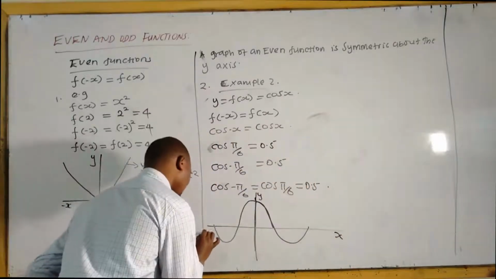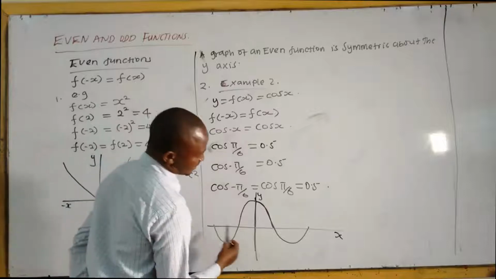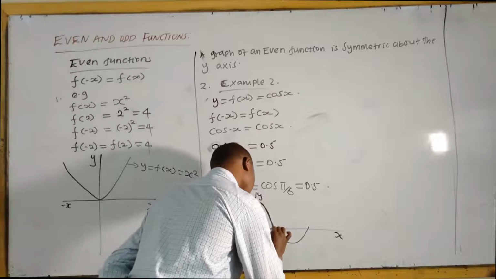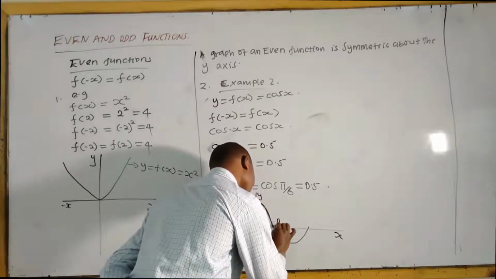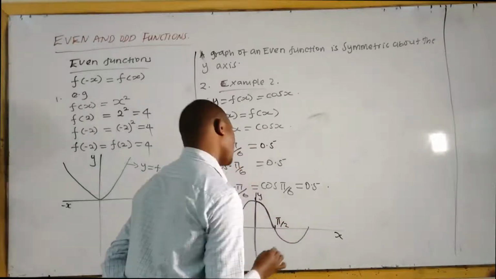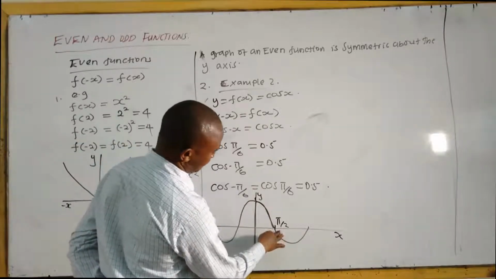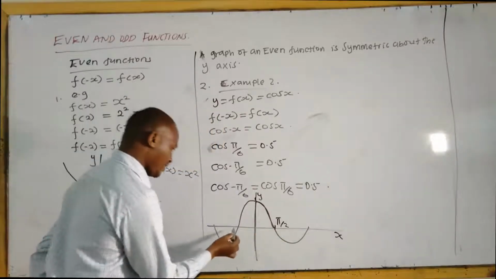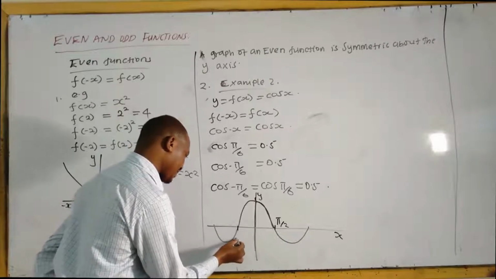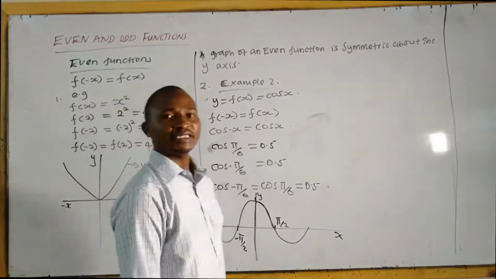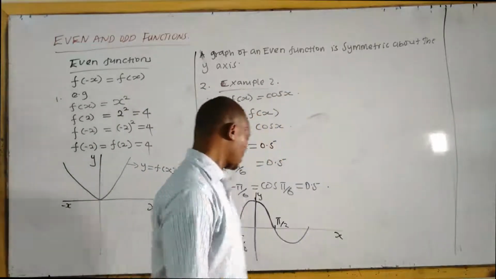This is the negative side of the x-axis. This is pi over 2, 90 degrees. This is again negative pi over 2. Cosine of 90 degrees is equal to 0.